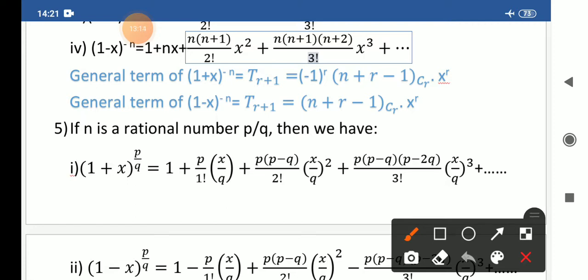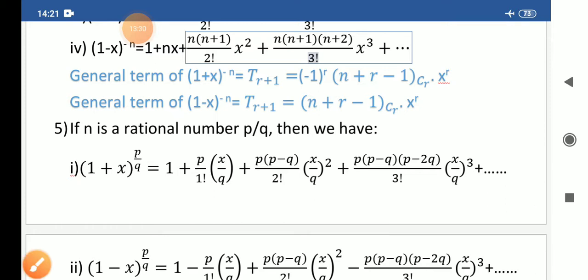If n is a rational number p by q, up to this the n is in integers. In this, n is a rational number of the form p by q. Now we have 1 plus x power p by q.